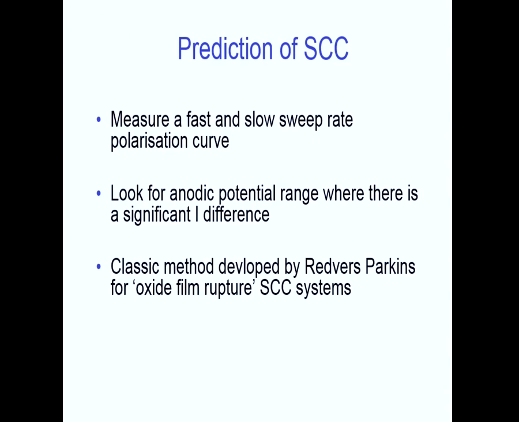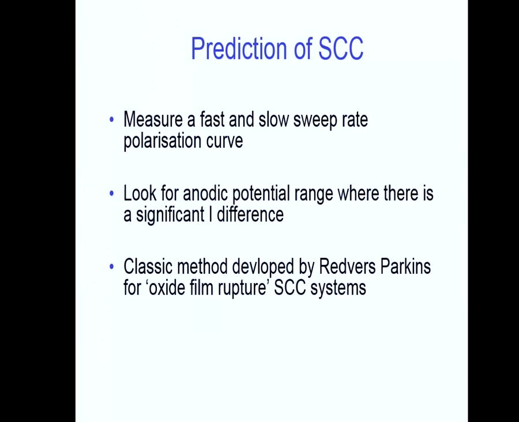to stress corrosion cracking. It was developed in the 70s and 80s by a guy called Redford Parkins, who has published an enormous quantity of literature on pipeline steel cracking over the years. He was involved with the intergranular and then transgranular failures on the Trans-Canada pipeline and so on.